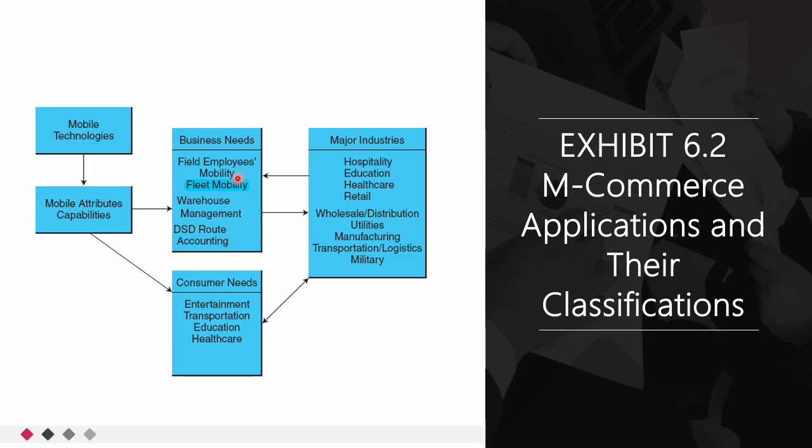And then fleet mobility or fleet management, for example delivery trucks. So GPS can track the drivers to optimize the routes, saving time and saving gas, and of course to monitor the cargo in real time. And then for warehouse management, workers can scan barcodes with phones to manage the inventory instantly.